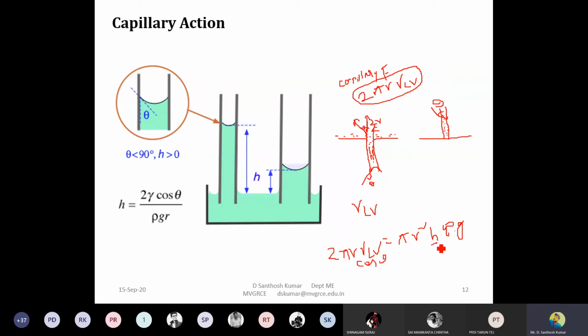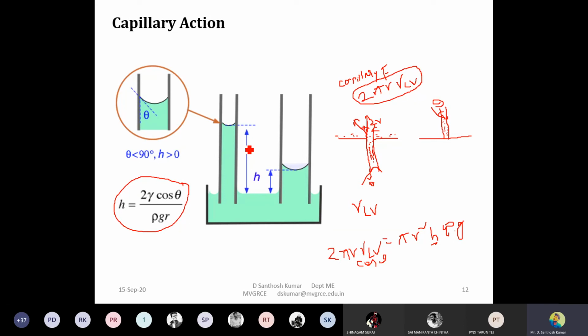Then you can calculate the h value, which means height.